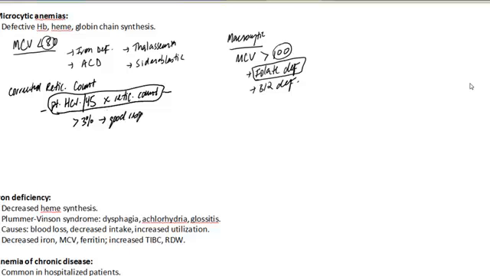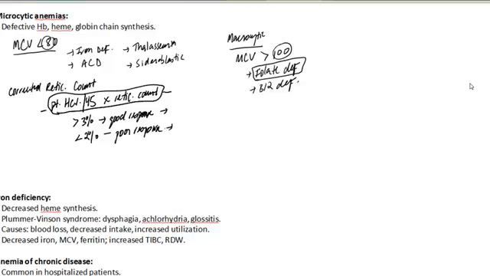What are the different things that give you a good response? What we said was autoimmune hemolytic anemia, congenital spherocytosis, blood loss more than 1 week, because we know that it's going to take a minimum of 1 week for your marrow to synthesize the RBCs and then bring them to the blood. A corrected reticulocyte count of less than 2% is considered a poor response.